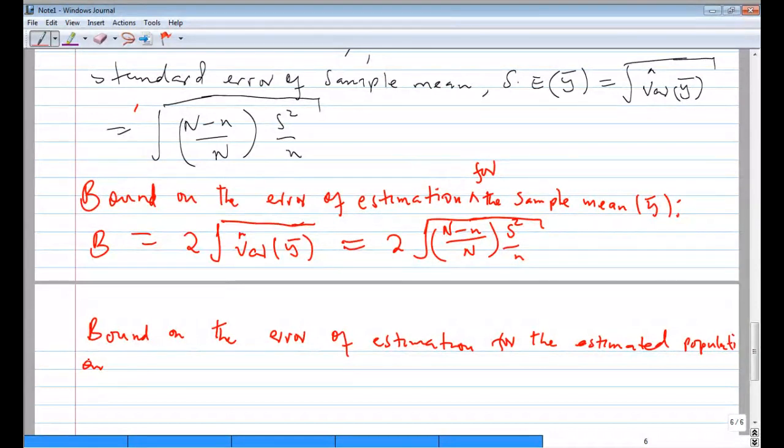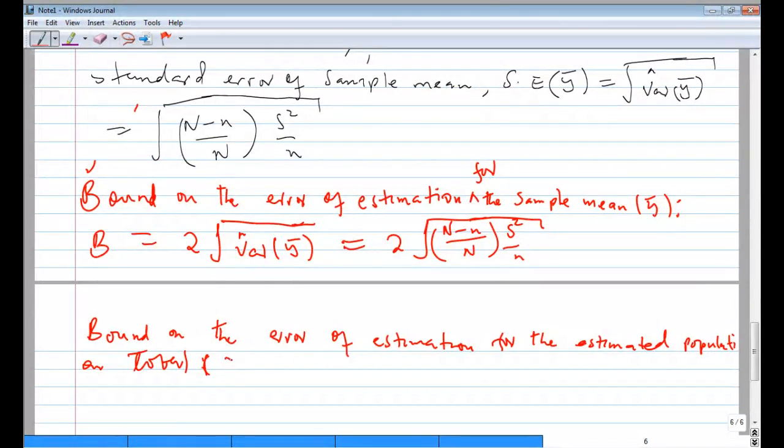So the bound on the error of estimation for the estimated population total. This one was the bound on the error of estimation for the estimated population mean, or simply the same thing. So this now is the bound on the error of estimation for the estimated population total, which is abbreviated as what? Not y bar, tau estimate.